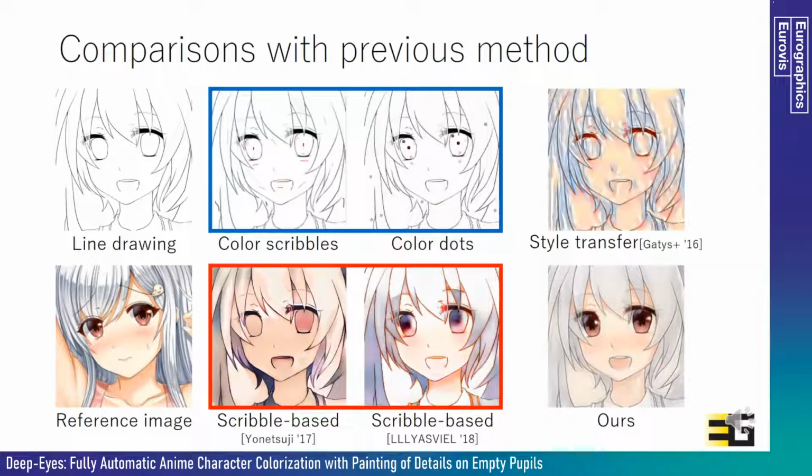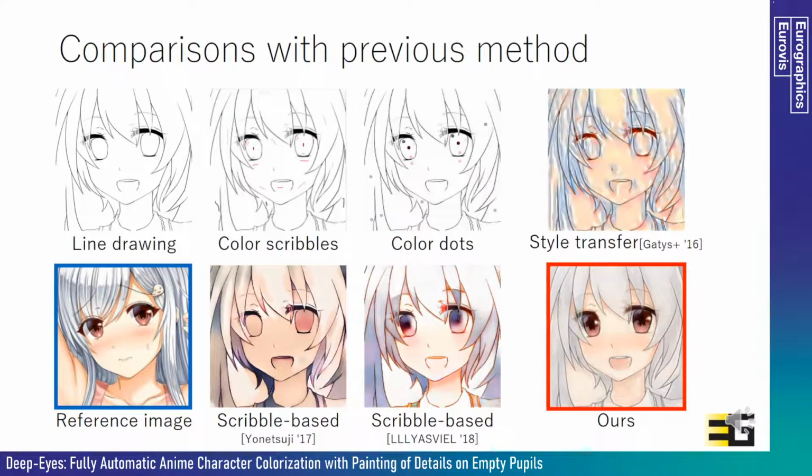Previous automatic colorization methods using color scribbles or dots colorize line drawings, but these methods can't paint pupil details in empty pupils. In contrast, our method enables the painting of details on empty pupils.